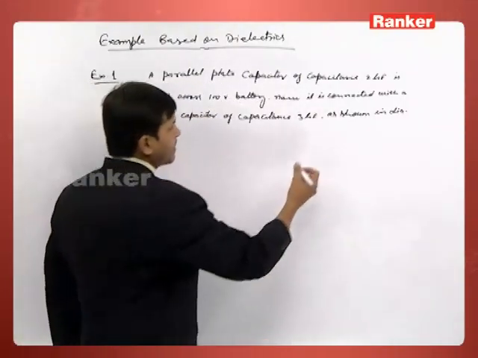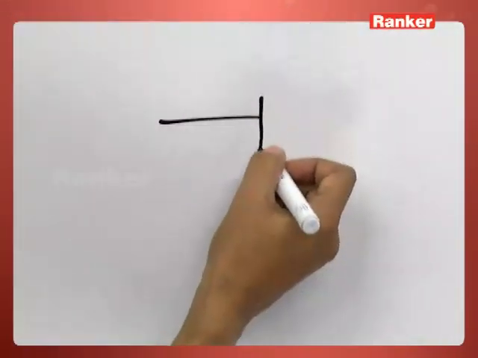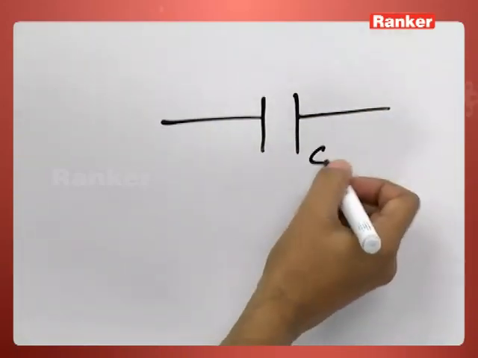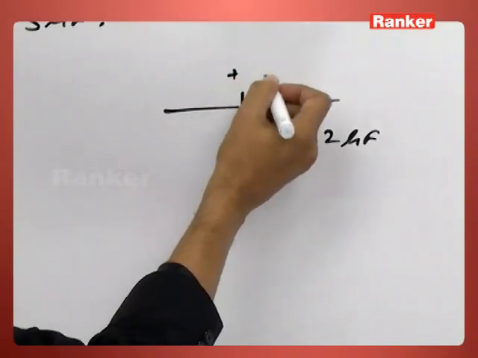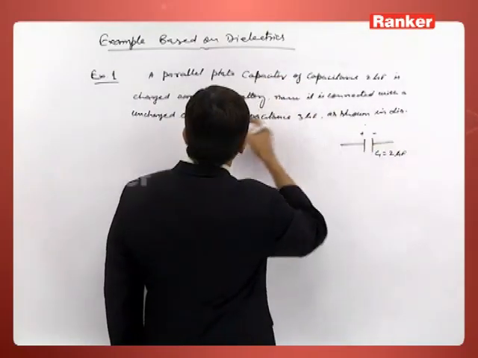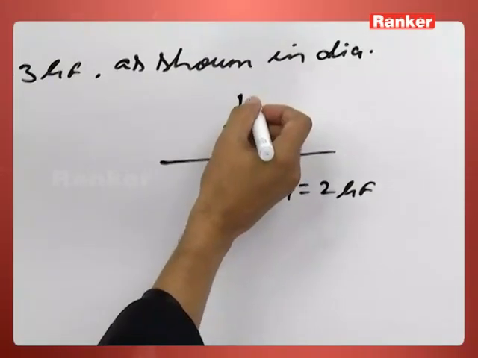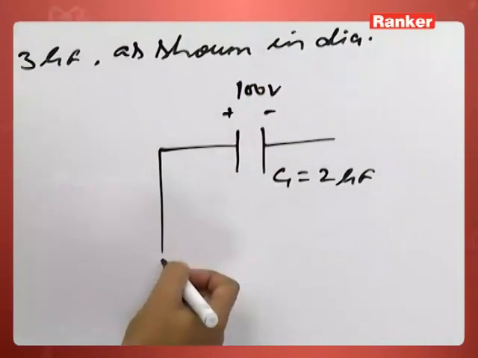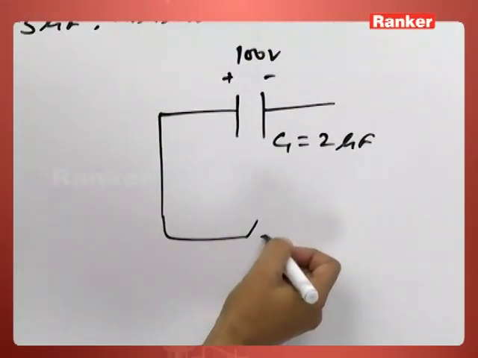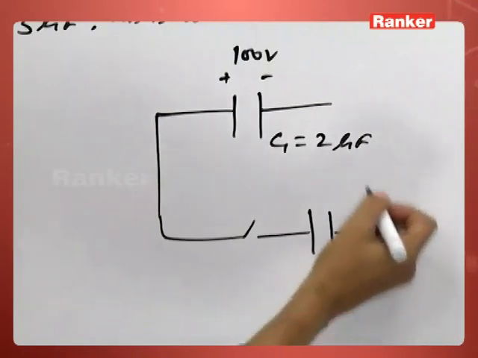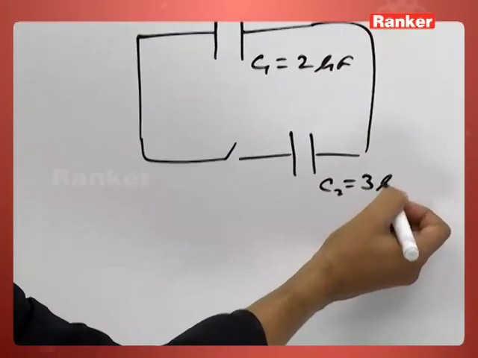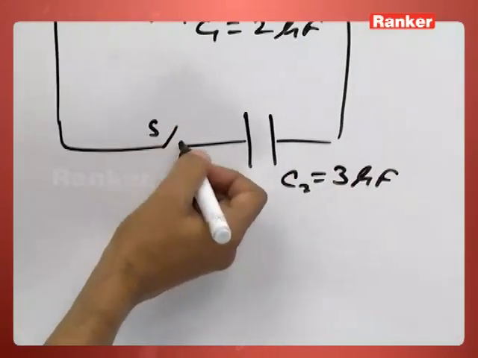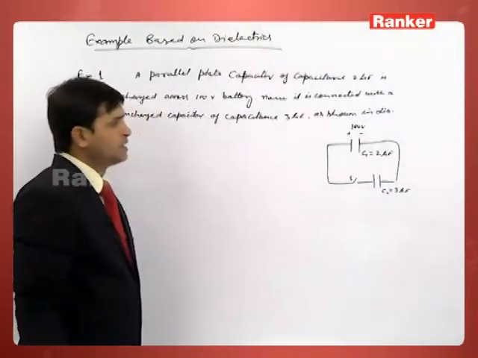See here. First of all, this is a capacitor. Let capacitance here be 2 microfarad. This is charged with a 100-volt battery and it is connected with an uncharged capacitor of capacitance 3 microfarad. This is given.